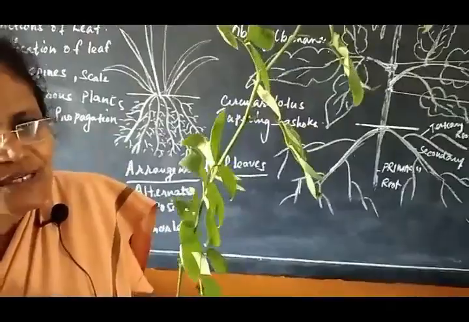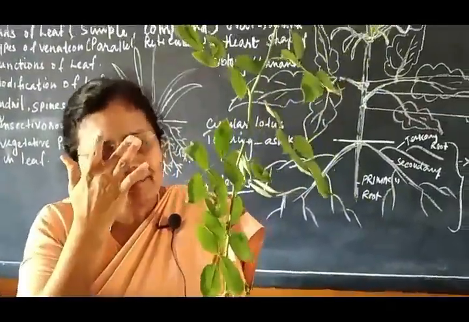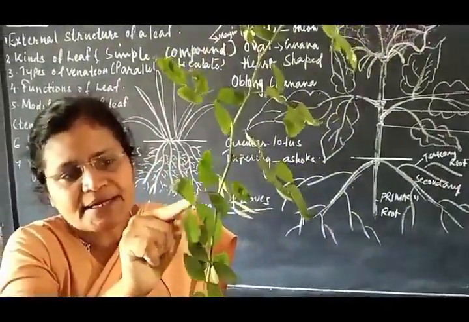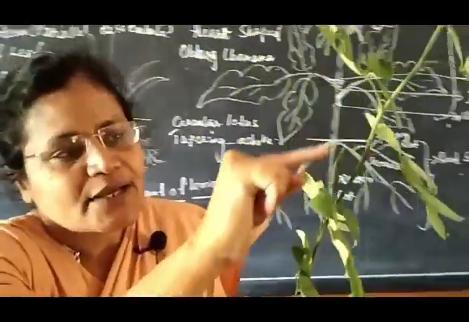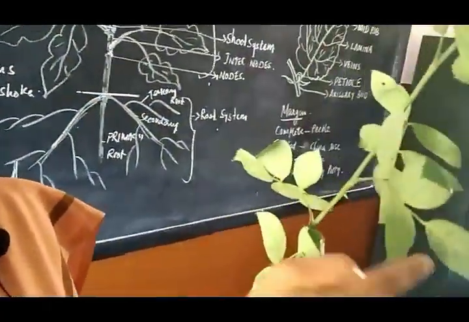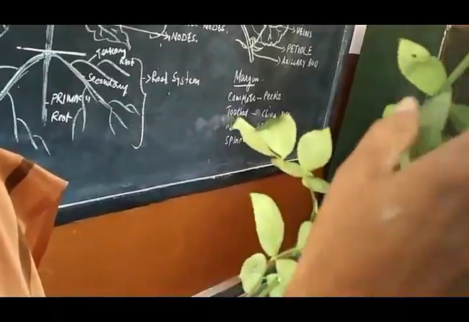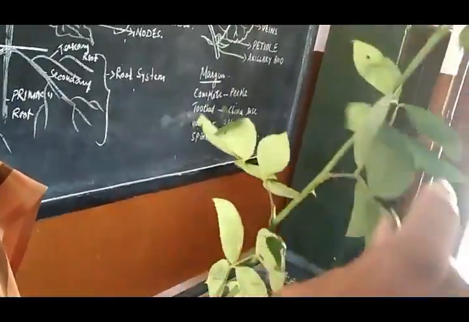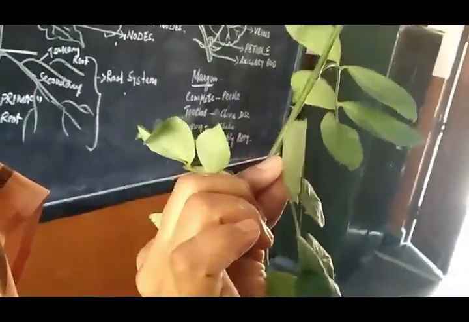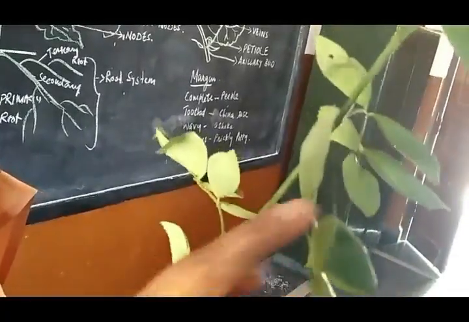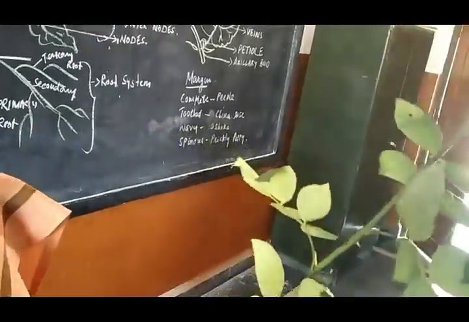This was actually supposed to be a single leaf. What happened is this midrib got branched into many, giving rise to many leaflets. The entire thing is called a rose leaf, but each branch is called a leaflet. It may or may not be in your book.